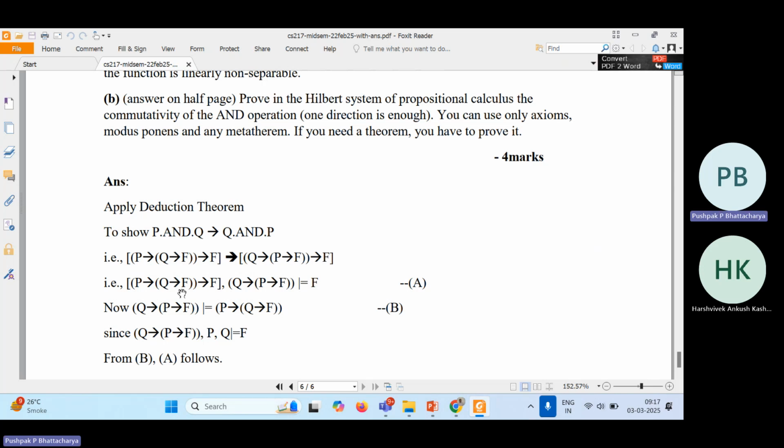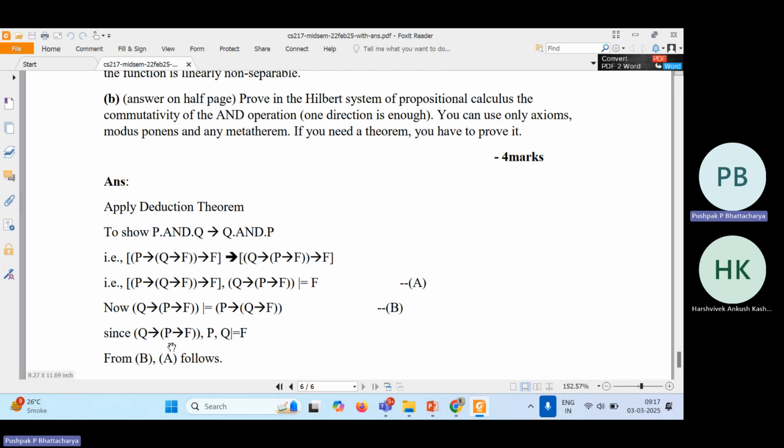Now apply the deduction theorem. This actually wants you to prove that P implies (Q implies F), comma, Q implies (P implies F) derives F. Now, Q implies (P implies F) derives P implies (Q implies F), since Q implies (P implies F) and P and Q derive F. This is a sub-theorem.